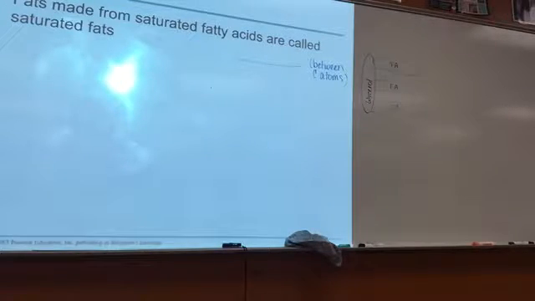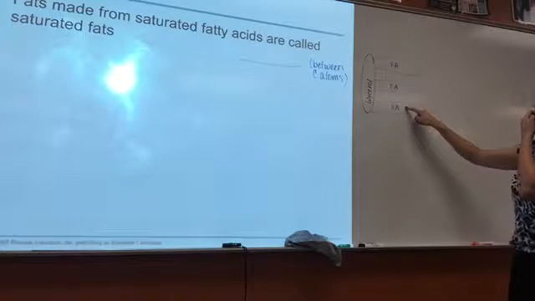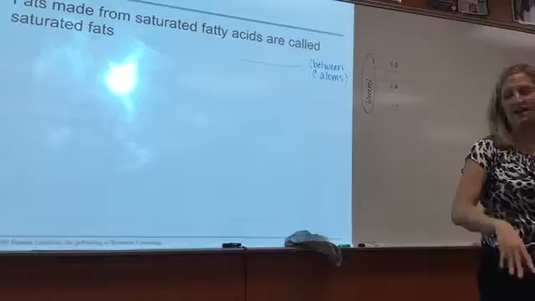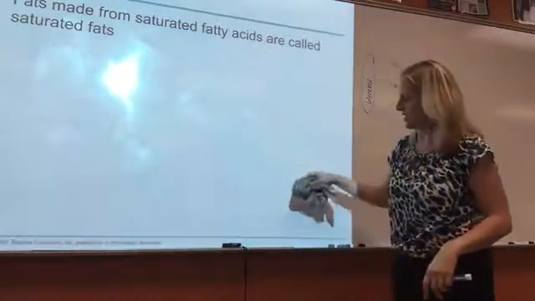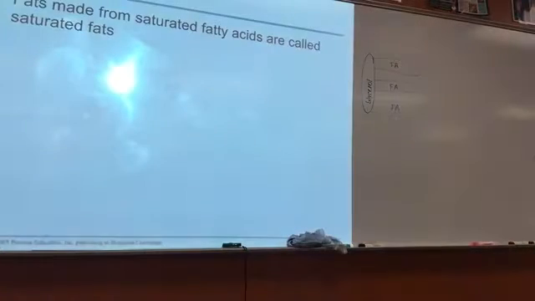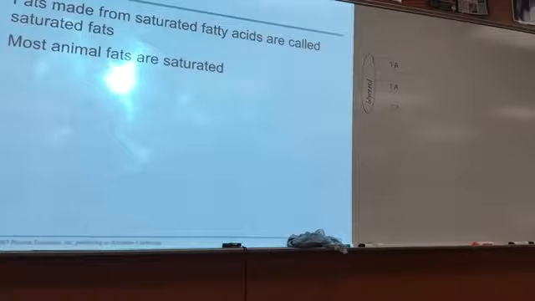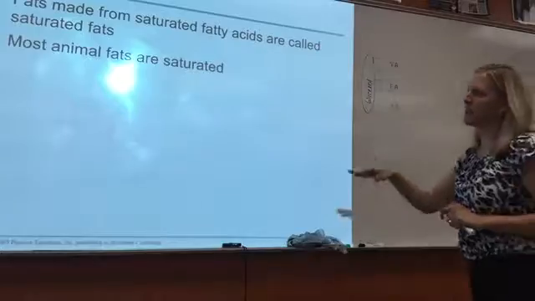So fats that are made from saturated fatty acids, we call in general saturated fats. And so like on food labels and things like that, they illustrate that and tell you how much saturated versus unsaturated fat. So that's what they're talking about. Most animal fats are saturated.